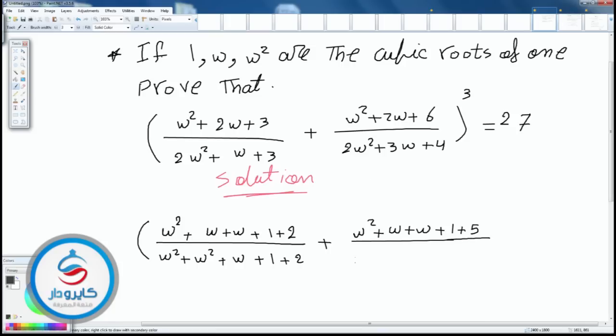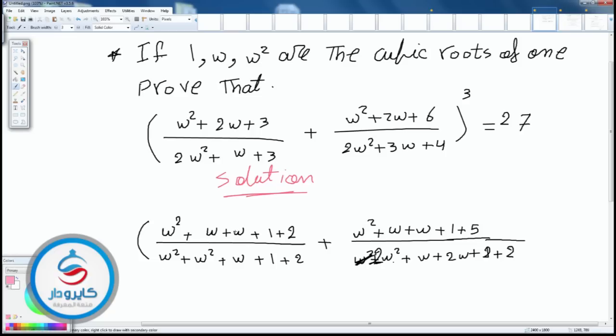Denominator, 2 omega square plus 3 omega plus 4 means omega square plus omega square plus omega plus 2 omega plus 1 plus 3, or we can make it 2 plus 2, and then we can make this 2 omega square.